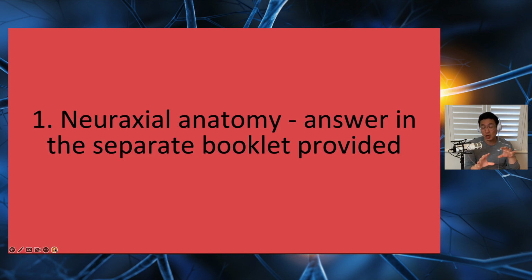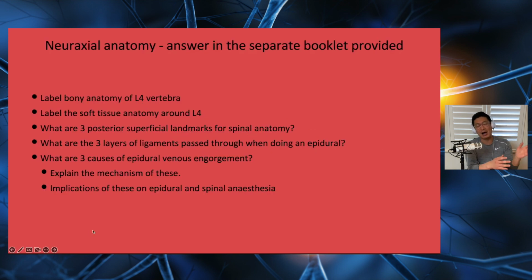But this is going to be one of those surprise questions, which is why I've labeled it red. In the answer booklet, after your 15-minute reading time, you would have a separate booklet with all these questions asked. And from what I understand, there was also a pictorial diagram, where they wanted you to label these specific ideas or concepts.